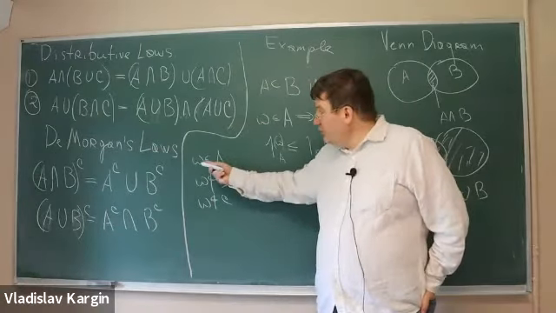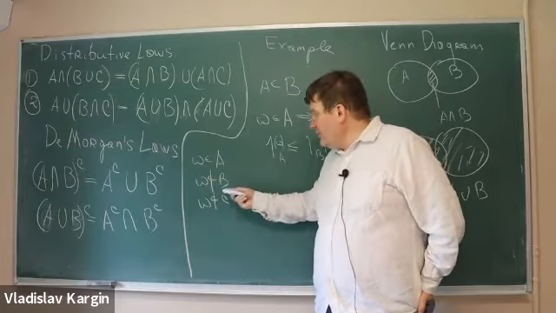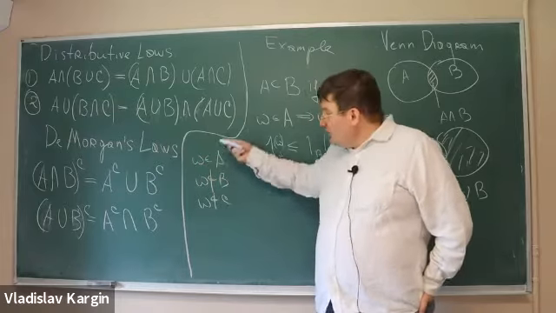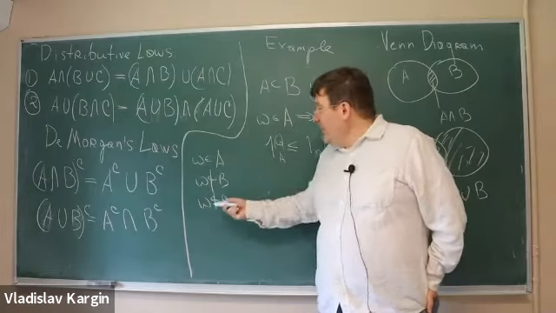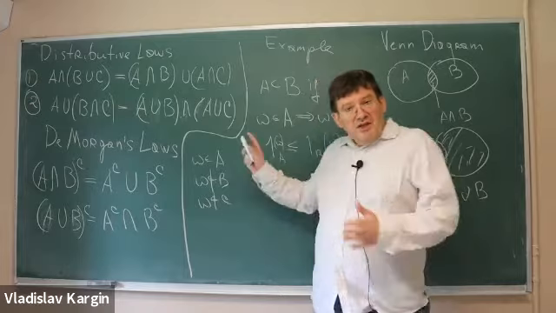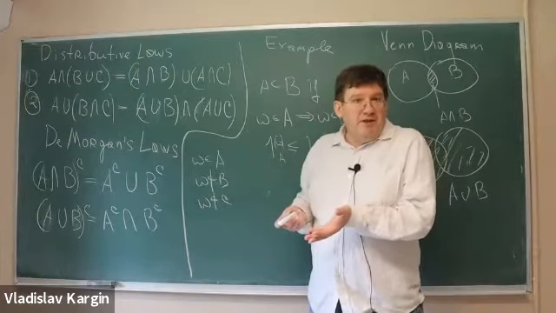It could be omega belongs to A, omega belongs to B, omega belongs to C. Or it can be omega doesn't belong to A, B, or C. So 8 possibilities.